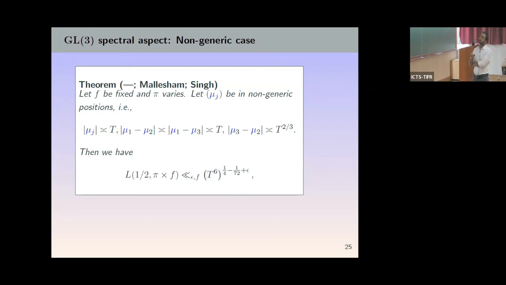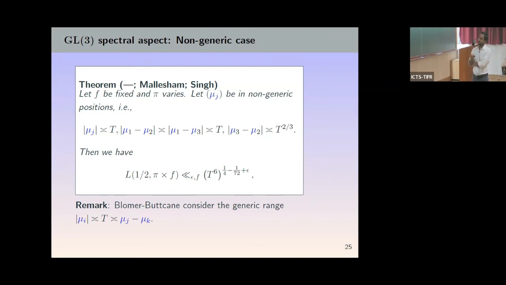Again, in this case, note that the analytic conductor is T to the power 6, and we get subconvexity. Earlier there was a result for the GL3 spectral aspect by Blomer-Buttcane, but he considered the generic range.